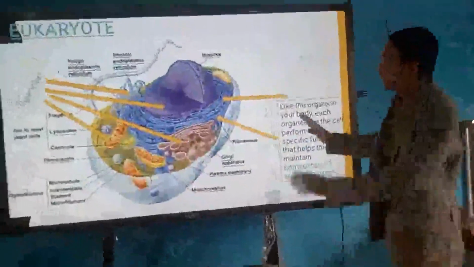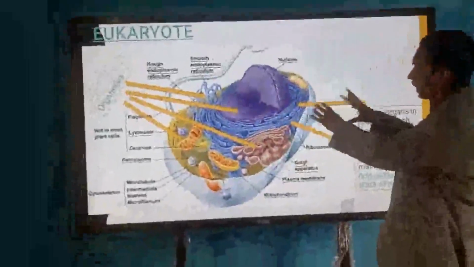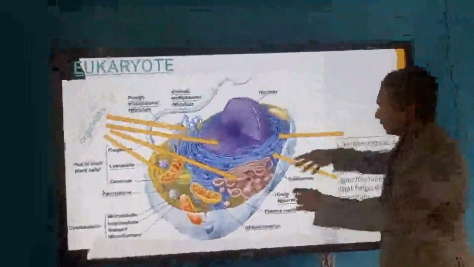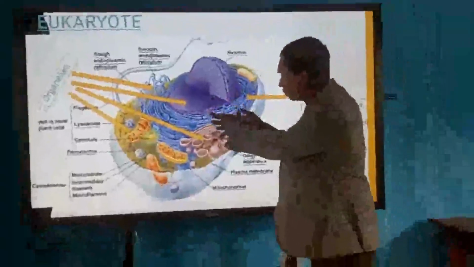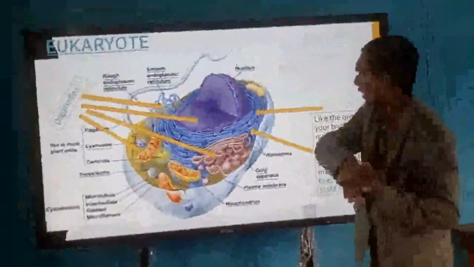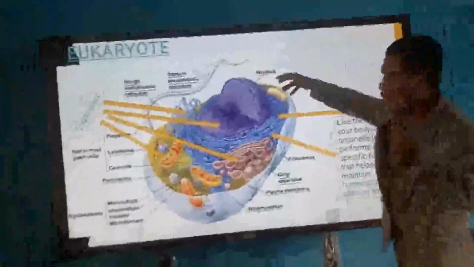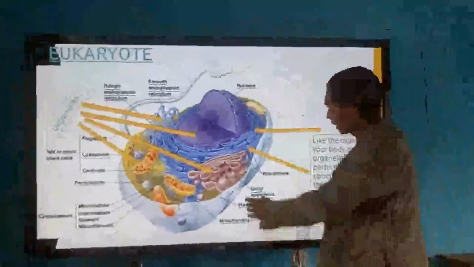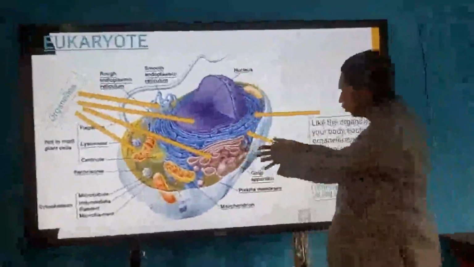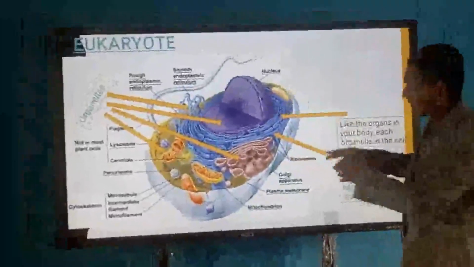You can see this is a descriptive diagram of the eukaryotic cell. When we see this diagram, you can see these cell organelles are very complex and very advanced compared to the prokaryotic organism. When we consider the nucleus, it has two membranes, and you can see how developed the endoplasmic reticulum is inside the eukaryotic cell.